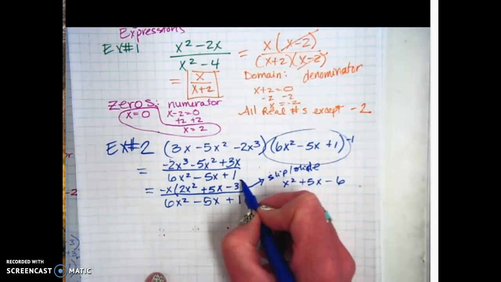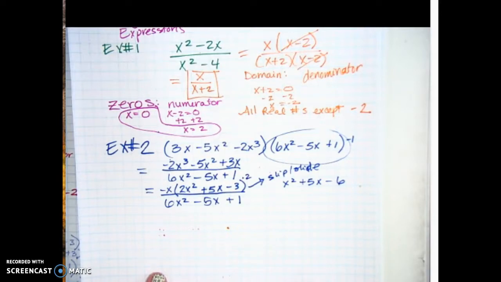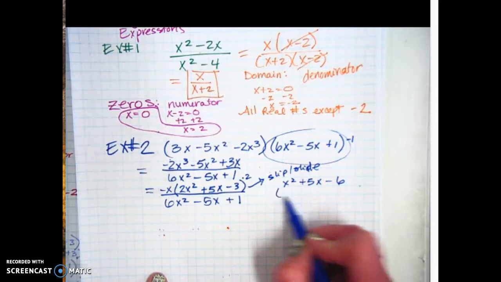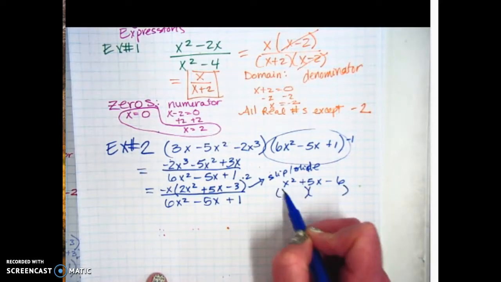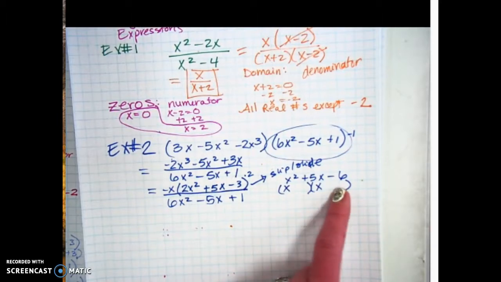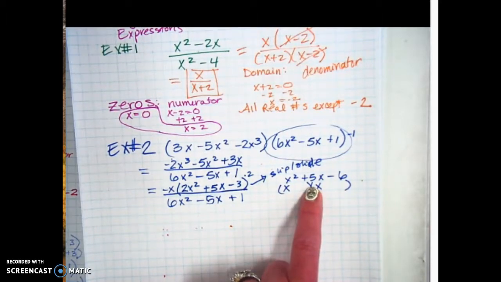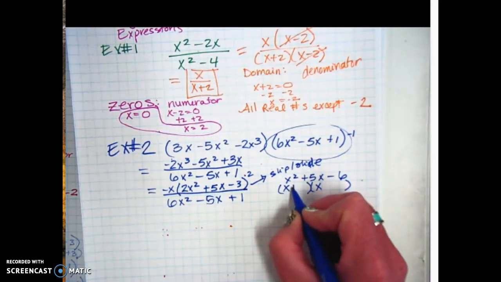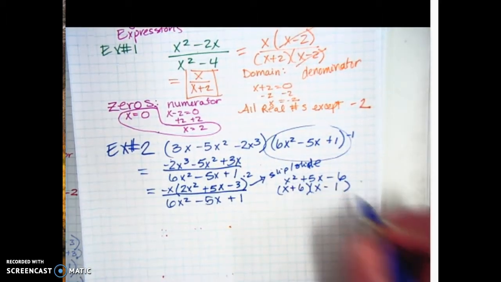We're just going to have to remember to multiply or divide by 2 in just a second. Okay, so when we go to factor, obviously we're going to have x and x. What 2 numbers are going to multiply to get negative 6, but add or subtract to get positive 5? Positive 6 and minus 1, right?